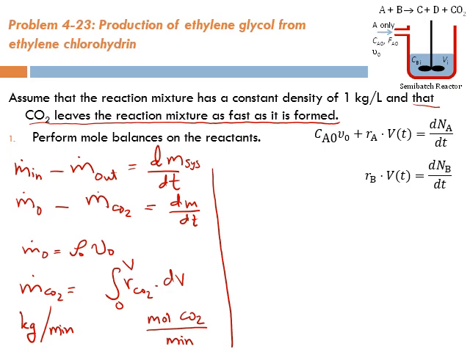What's the molar mass of CO2? Well, the molar mass of CO2 is 44 gram per mole, correct? 44 gram per mole.